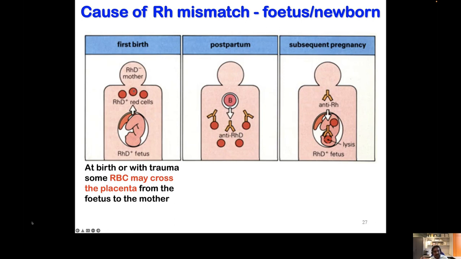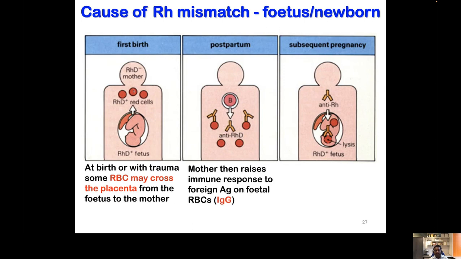At birth, the blood can get mixed from child to mother, or if there is a trauma, the RBCs can cross the placenta and get into the mother's bloodstream. So basically, the negative mother is getting exposed to positive blood during childbirth or other trauma.